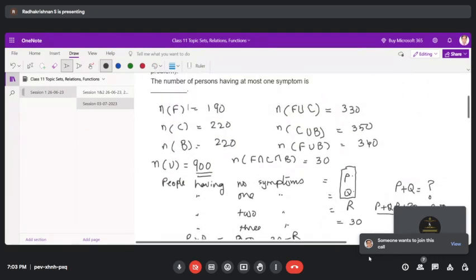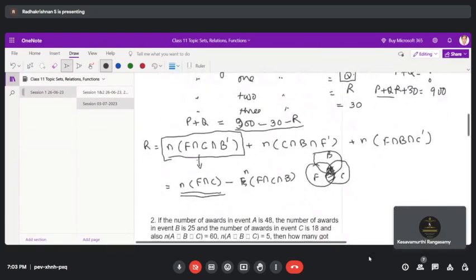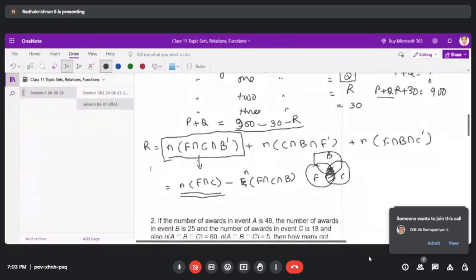You are given F, you are given C, you are given F union C. So from that, can we calculate F intersection C? Yes, sir. What is the formula? Go ahead.